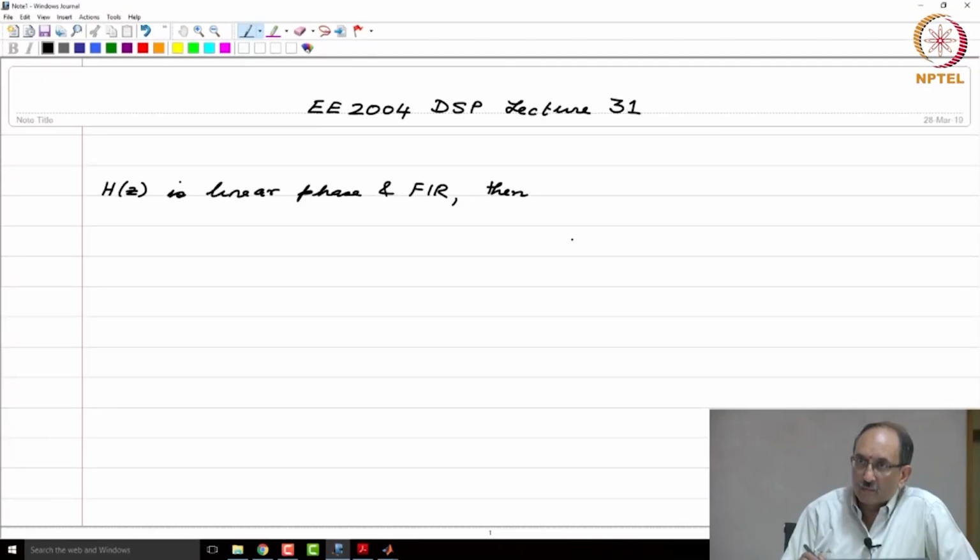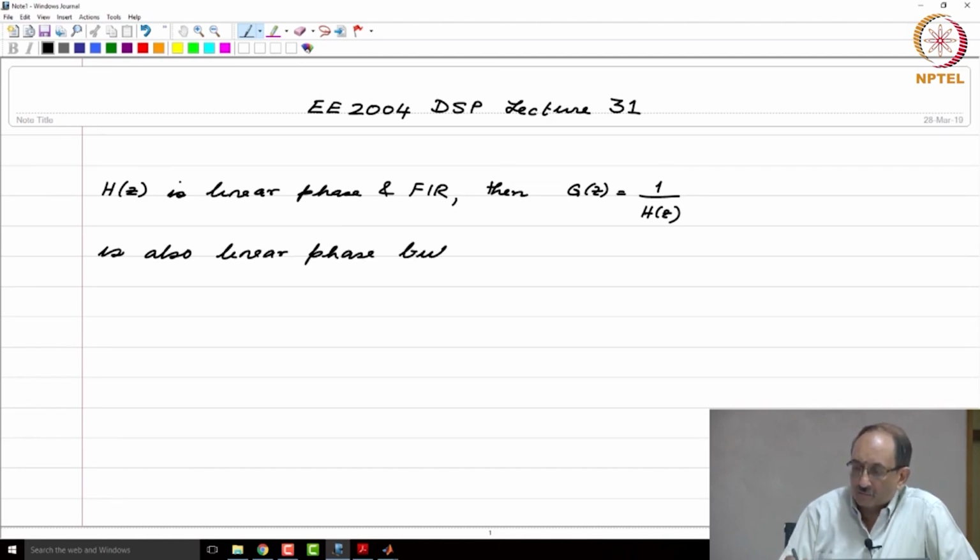So, if h of z is linear phase and FIR, then g of z, which is 1 over h of z, is also linear phase, but it is IIR.